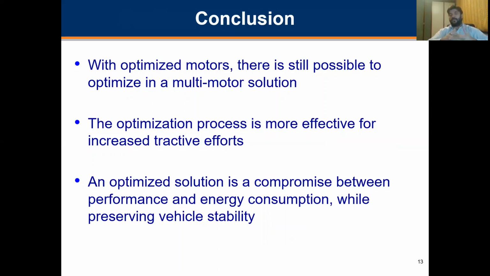And of course, the optimization is a compromise. Why is it a compromise? Because we always have to balance the performance of the vehicle and the energy consumption. And before that, vehicle stability is a must, so we have to preserve the vehicle stability.